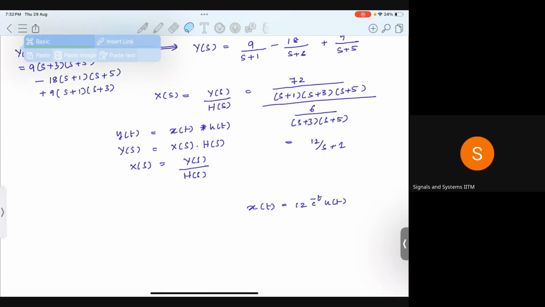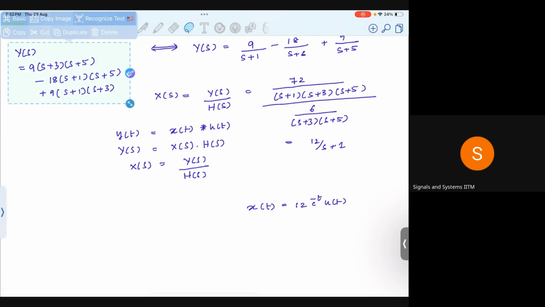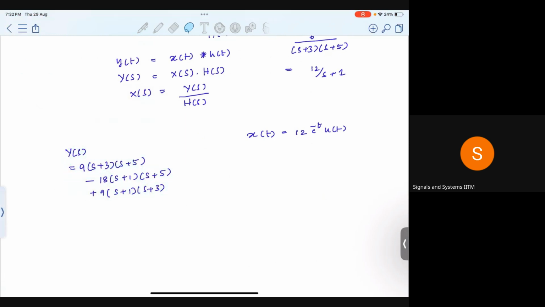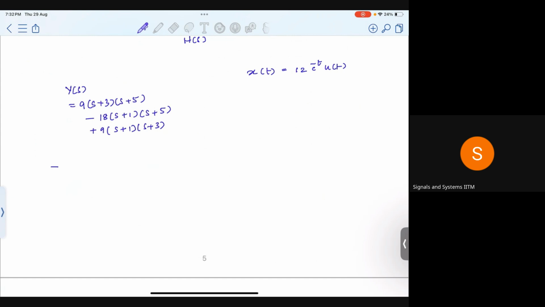You guys can calculate this, right? Can you calculate and tell me what you're getting? Others? Ma'am, everything will cancel out. 9 into 16 will remain, I believe.